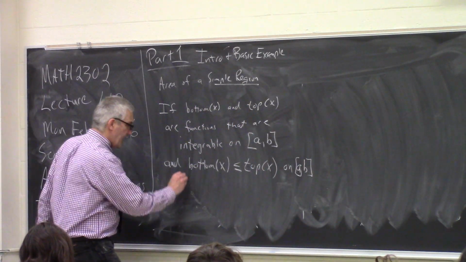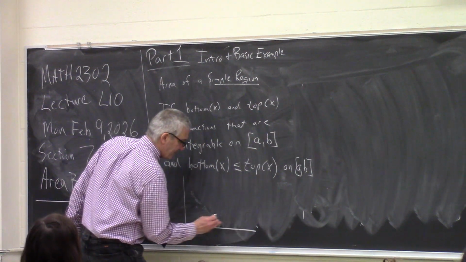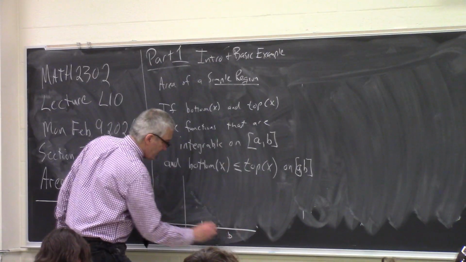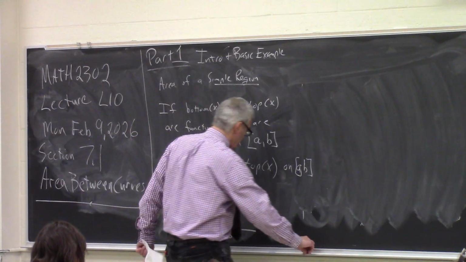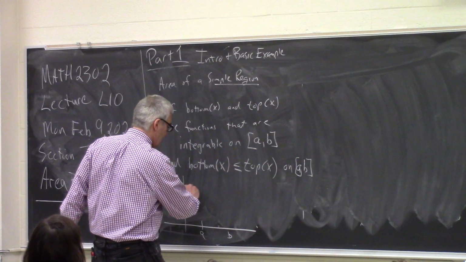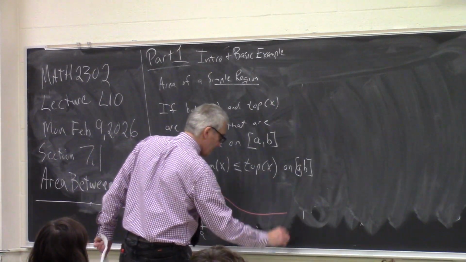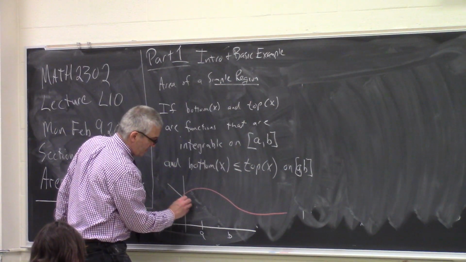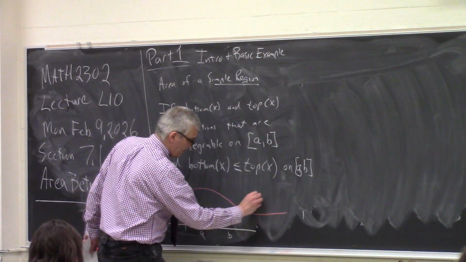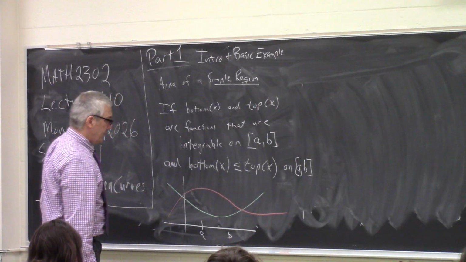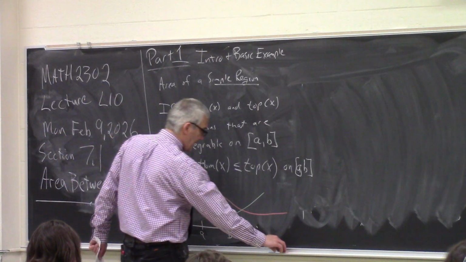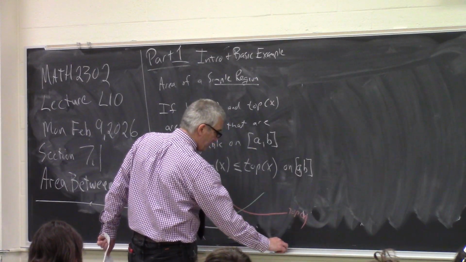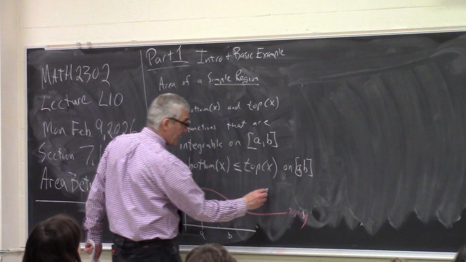So in this case, we're looking at a situation like this. On this interval from a to b, this red graph is the top function, even though it crosses over later and becomes the bottom function.